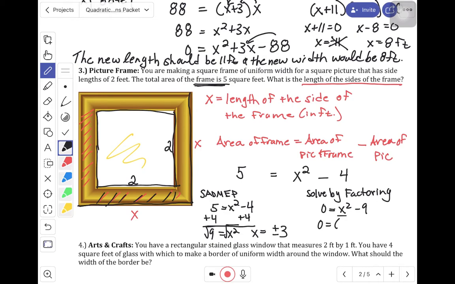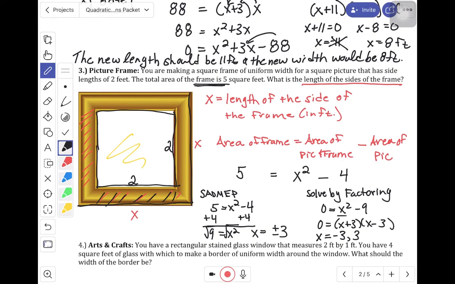The square root of x squared is x. The square root of 9 is 3. And then we put a plus and a minus in between. If I use the zero product property, I set x plus 3 equal to 0, which would give me a value of negative 3. And then I'd set x minus 3 equal to 0, adding 3 to both sides, I get positive 3.